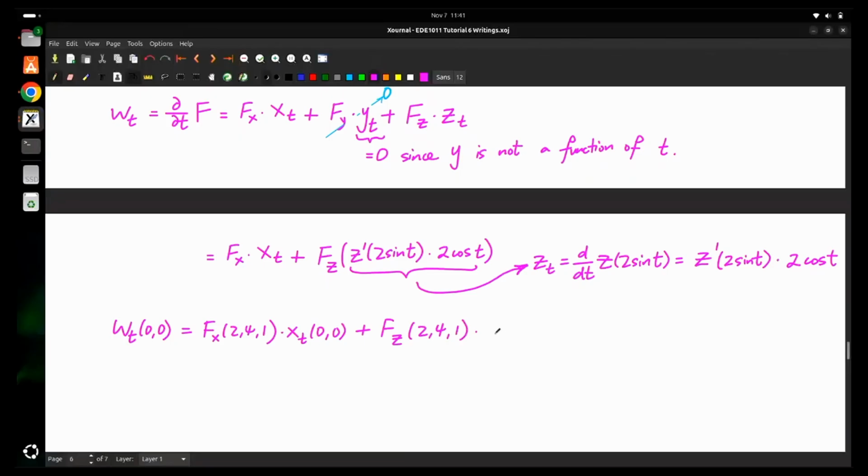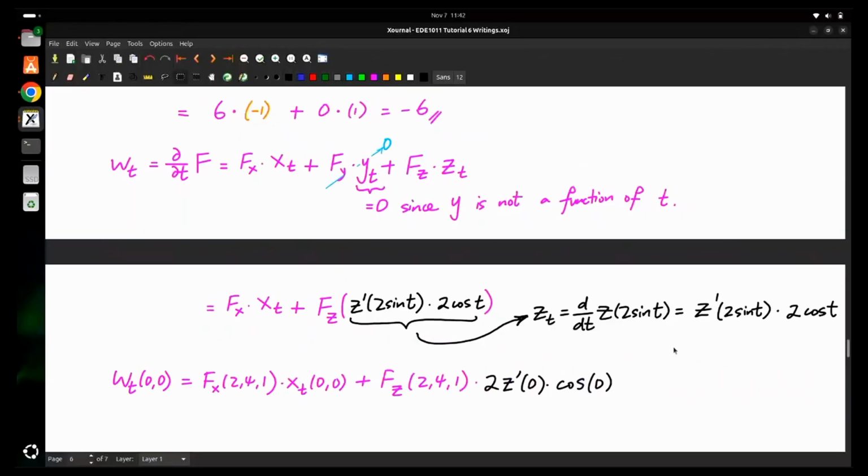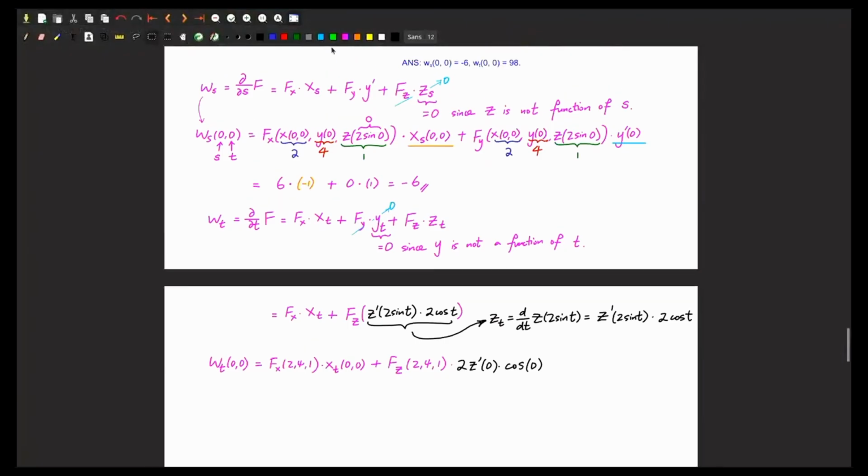This expression is going to be 2 Z prime at 0 times cosine of T, where T is 0. Okay, hold on, maybe I change this color so that it's clearer. So this part is actually the black part. Any objections? Then you can just plug in the values.